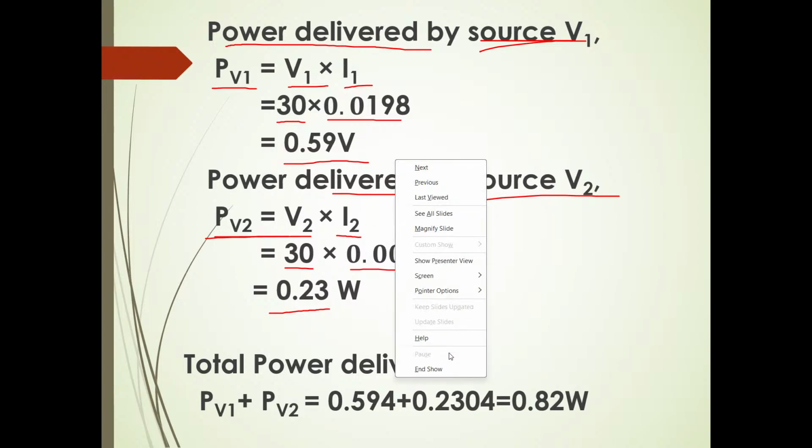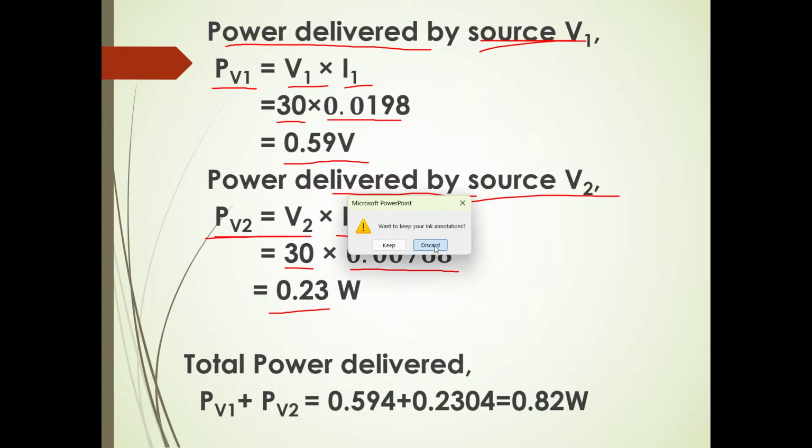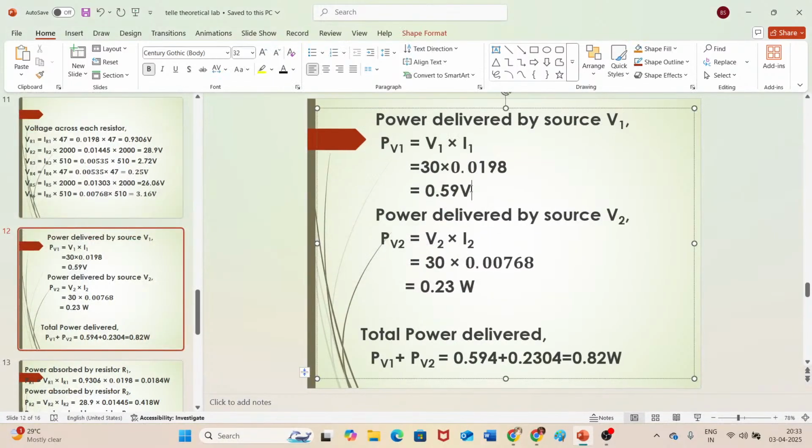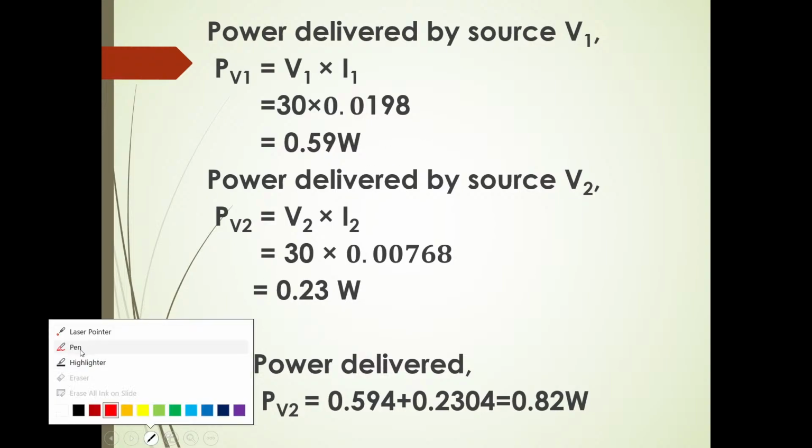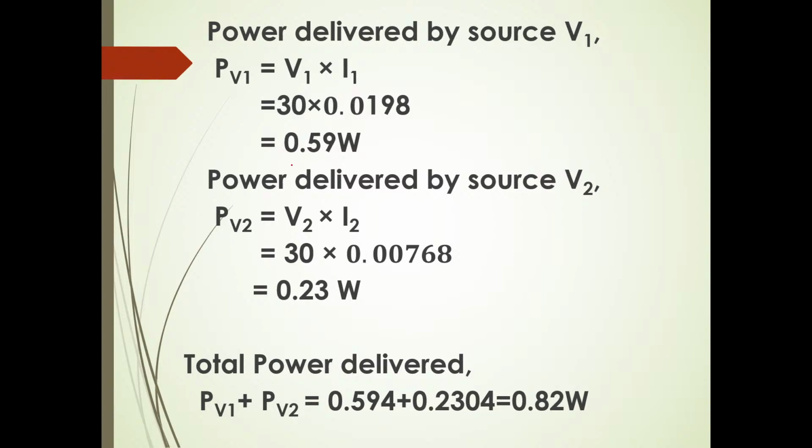Sorry, this is not volts, this is watts. I did not notice that. Power units are watts, not volts. By mistake I wrote V there, and simply read the values here.